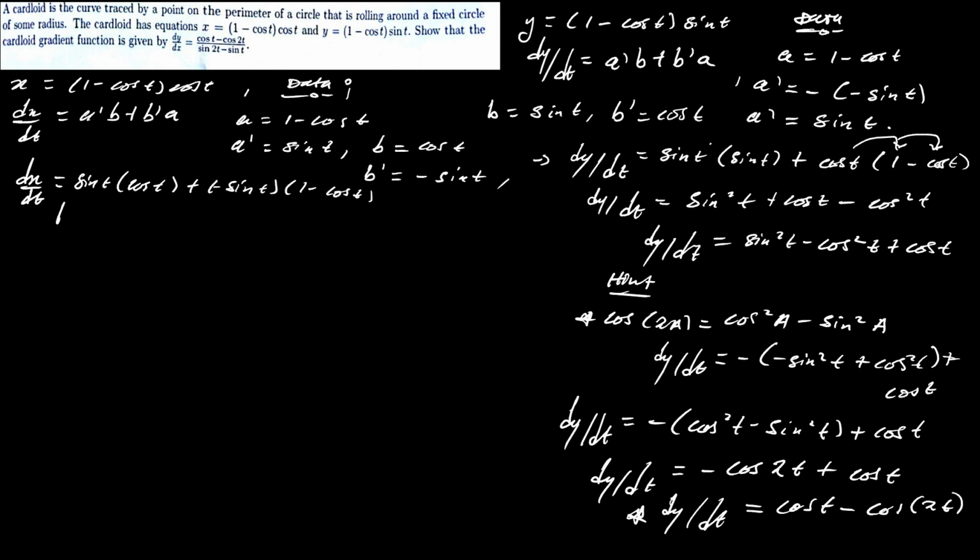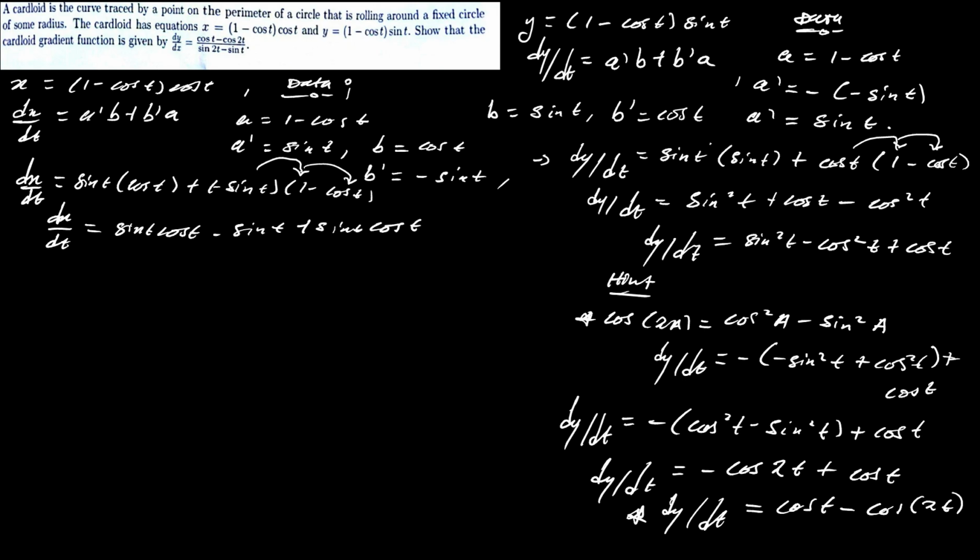Now if we expand it out, the partial derivative dx/dt is equal to sine times cos, let us write it as sine t cos t. Then if we expand the negative sine t multiplying 1 and the cos, we'll have negative sine t, then negative times negative will be positive sine t cos t.